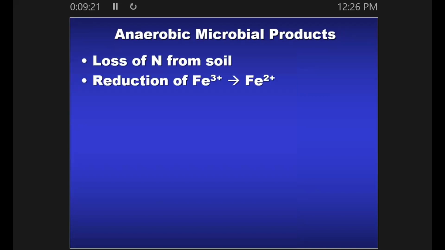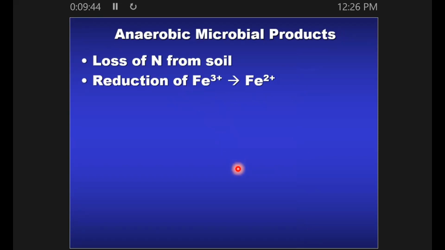Another thing happening in the soil under anaerobic conditions is that the iron shifts form. Fe3+ is ferric, Fe2+ is ferrous. You have both of those forms in the soil naturally.